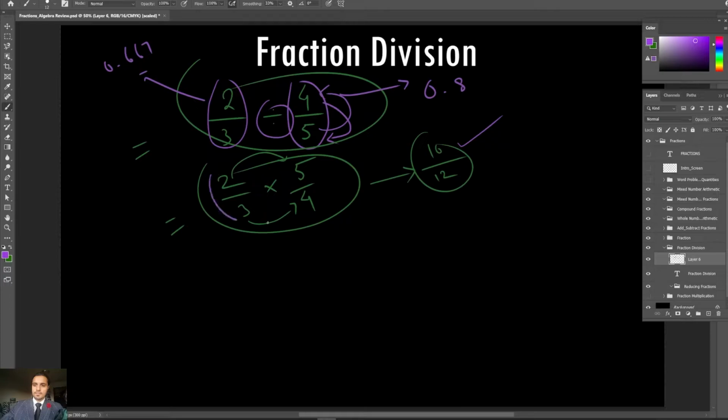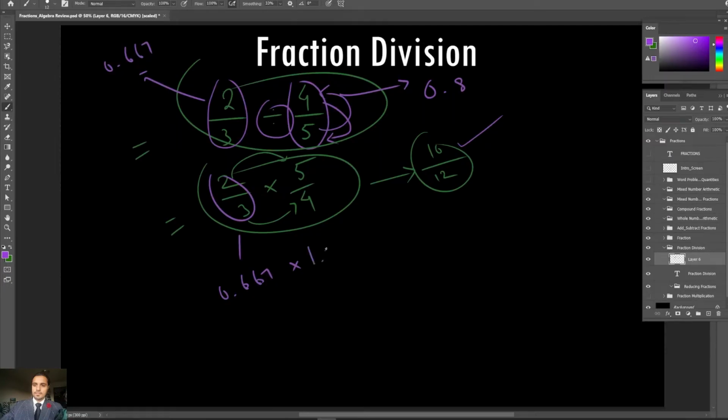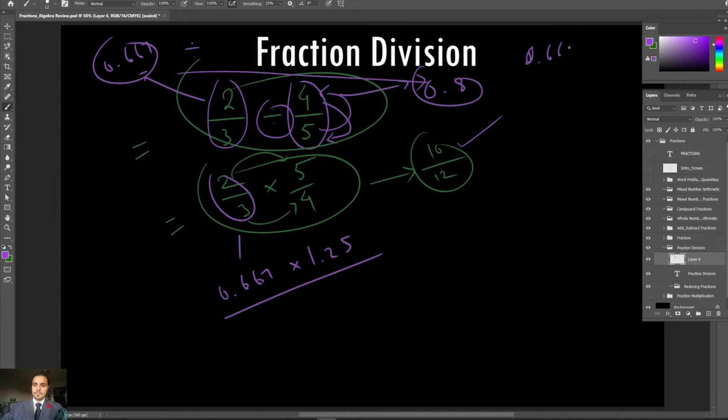Whereas 2 over 3 we already know is 0.667, multiplied by 5 over 4. 5 divided by 4 is 1.25 in decimal form. So if I divide this by this, I should get the same answer. In other words, 0.667 divided by 0.8 should give almost the same answer as 0.667 multiplied by 1.25.